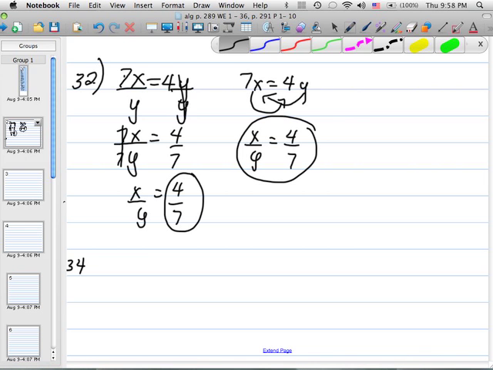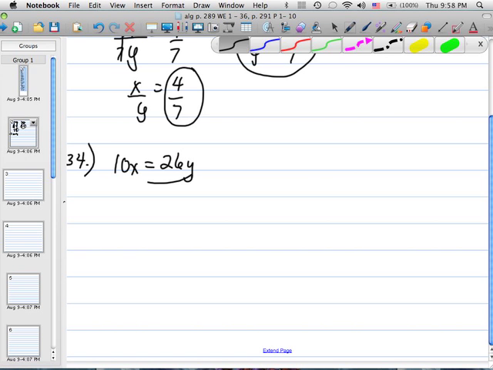And 34, I have 10x equals 26y. So the y is going to go over here and the 10 is going to go over here. So it's going to be x over y equals 26 over 10, dividing both sides by y and then by 10, which simplifies to 13/5.